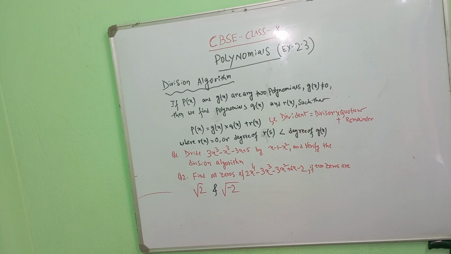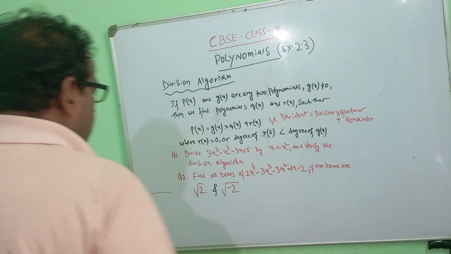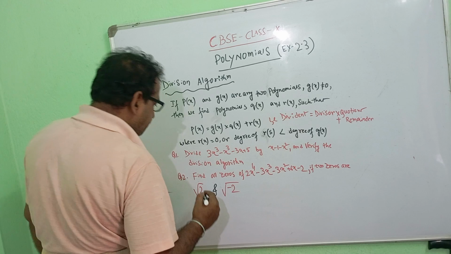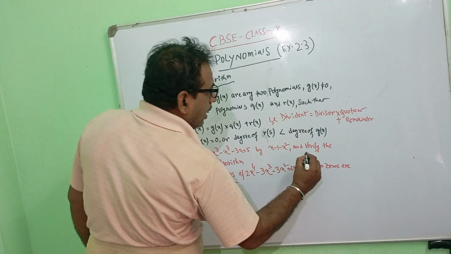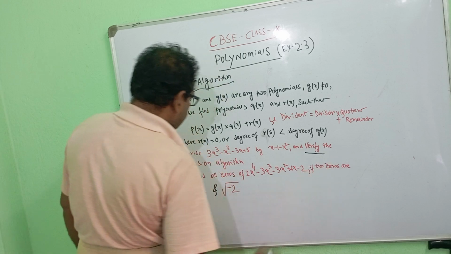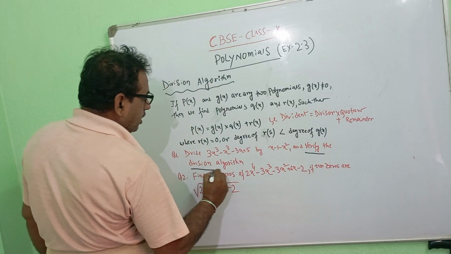See that the two questions are given. Number one is given that, divide this and verify the division algorithm.